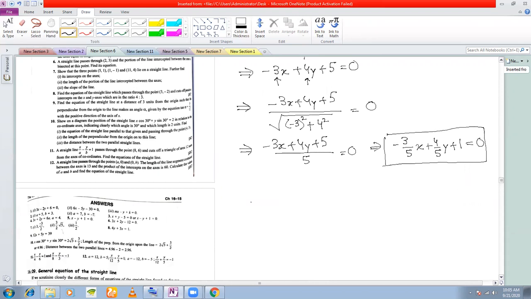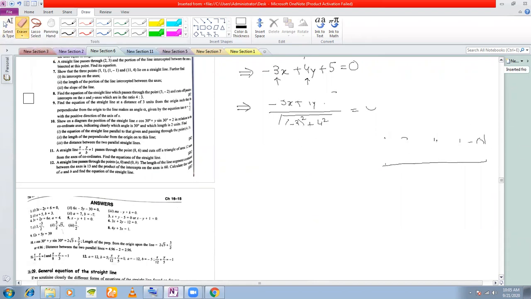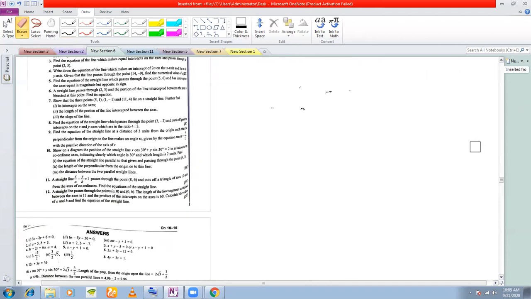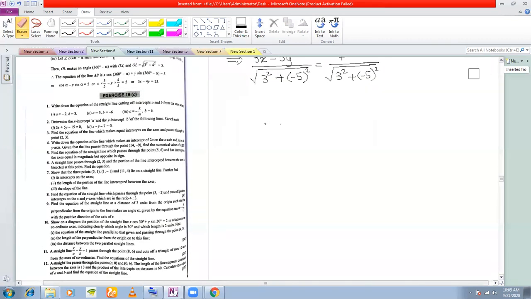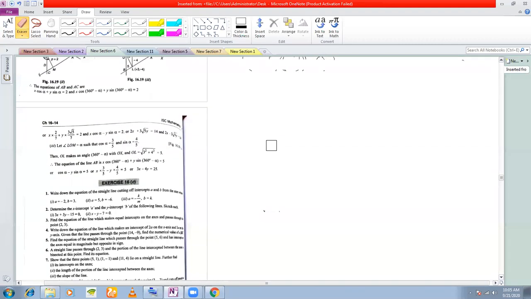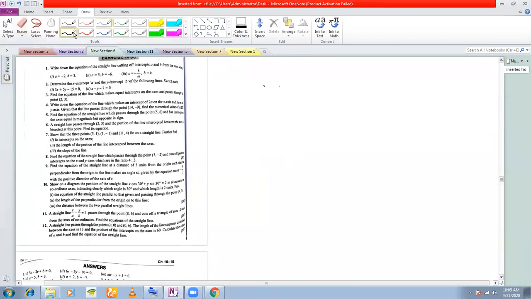So I start by saying, let me erase this. Let the intercepts be, what is the ratio here? The ratio is given to be 4:3. So I'll say let the x-intercept be 4k and let the y-intercept be 3k. Number 8.